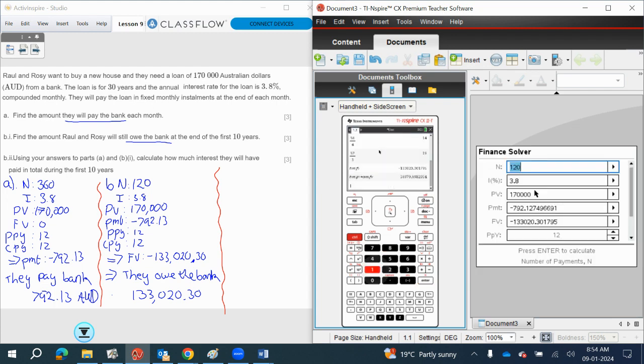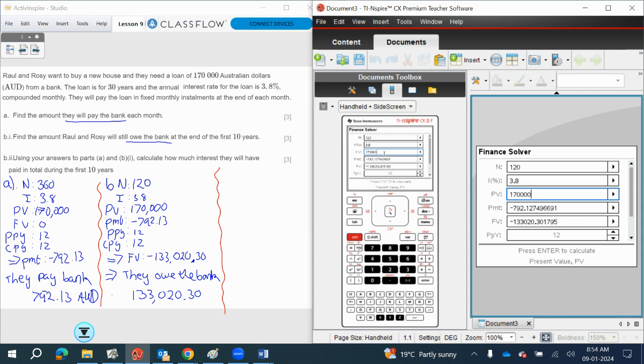Let me just do 8-1 so we can see these. Present value is what they borrowed. Future value is what they still owe. The difference between them is not how much they've paid to the bank. They've paid more than that.